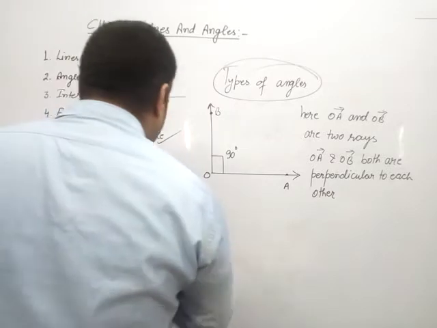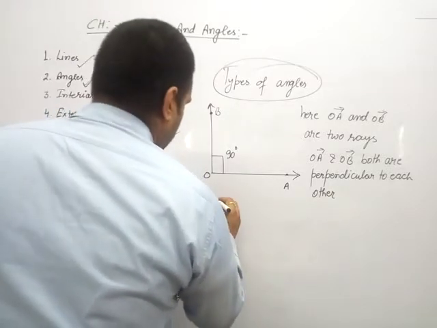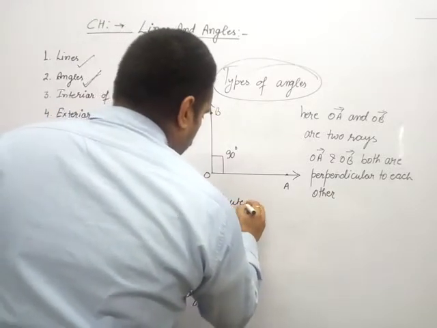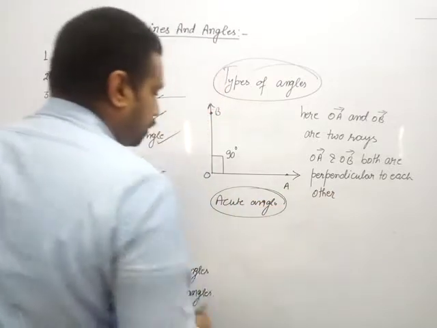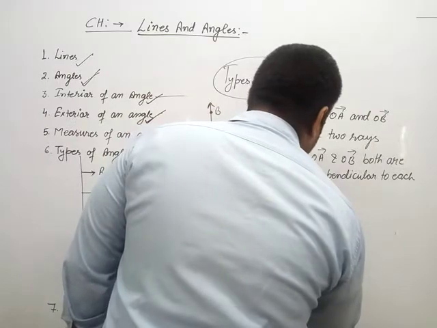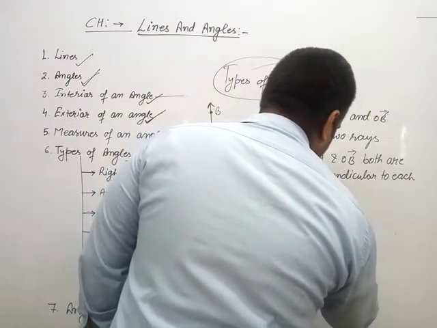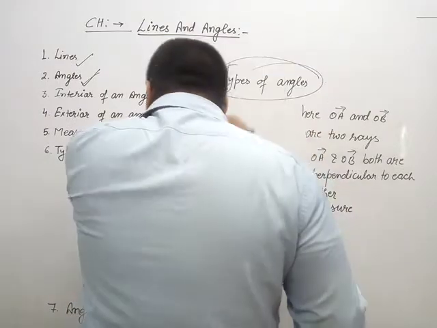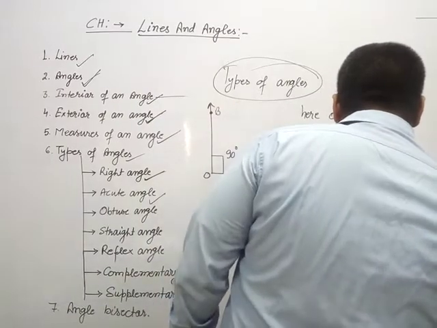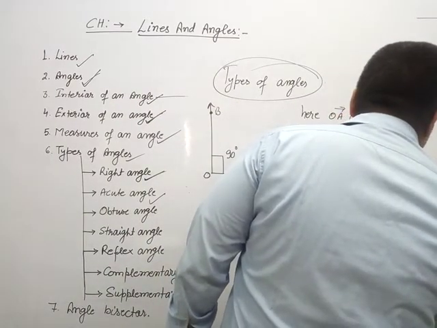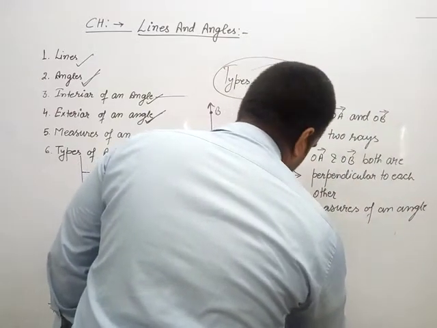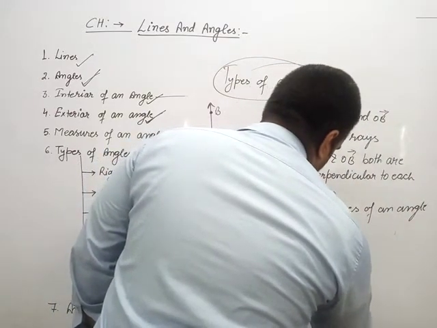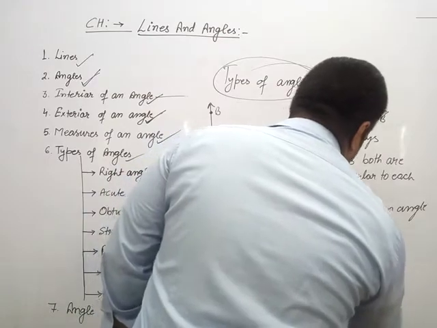Now what is an acute angle? Acute angle: when the measure of an angle is less than 90 degrees.